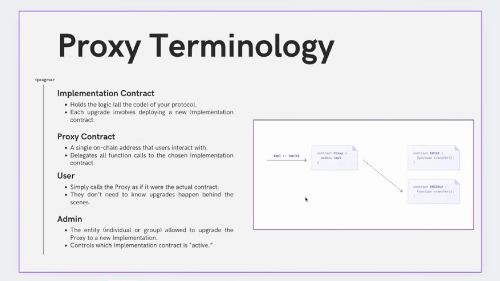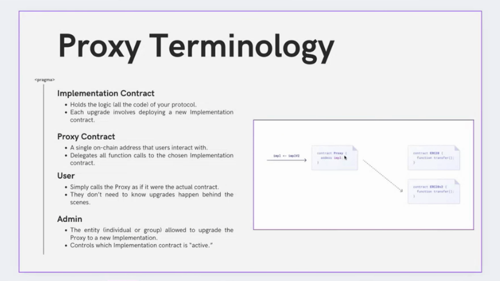And before we look into the well-known proxy standards, just a recap on some proxy terminology so it's not too confusing. The implementation contract is a smart contract that holds the logic of our protocol. This means that when we perform an upgrade, we're actually changing the implementation contract.